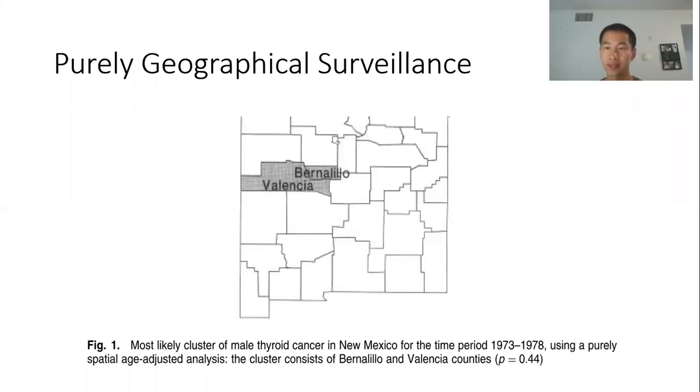If we use the scan statistic for purely spatial analysis for the time period 1973 to 1978, the most likely cluster happened in Bernalillo and Valencia counties, but the p-value is 0.44, which is so large that it is not significant.